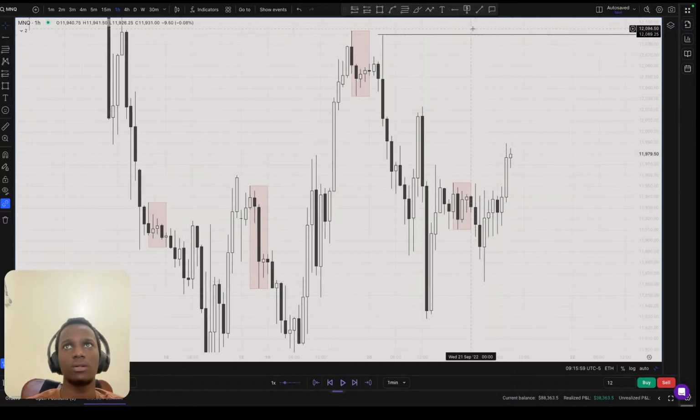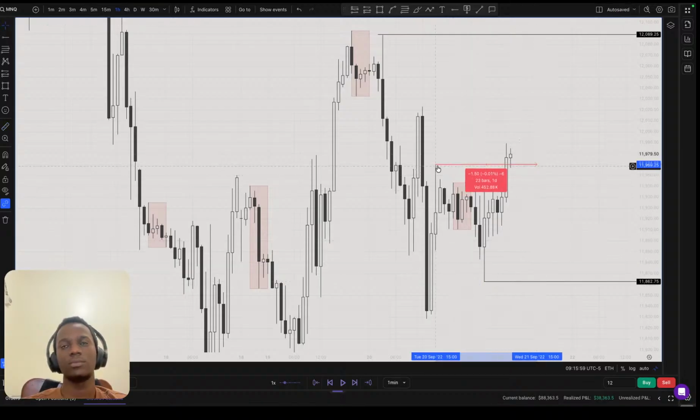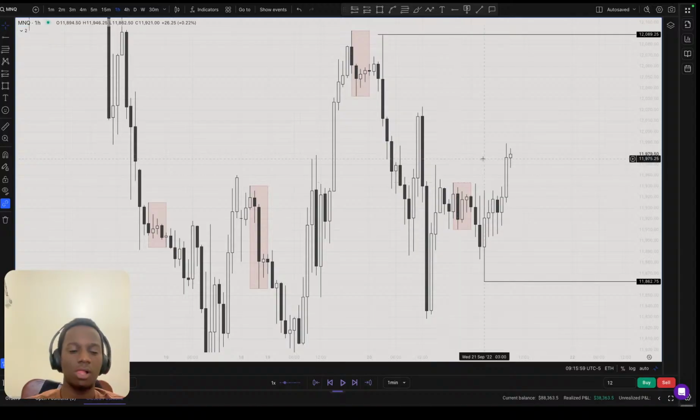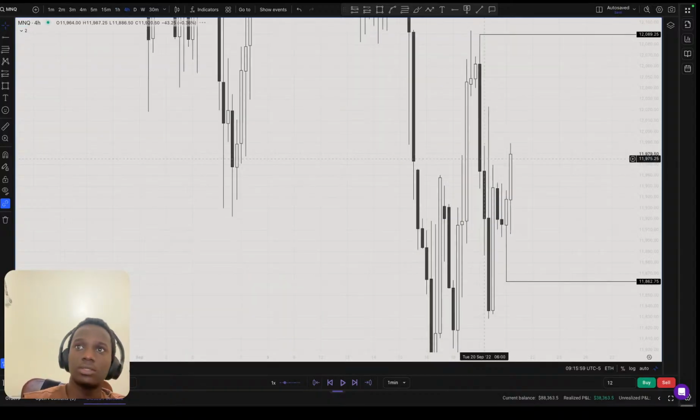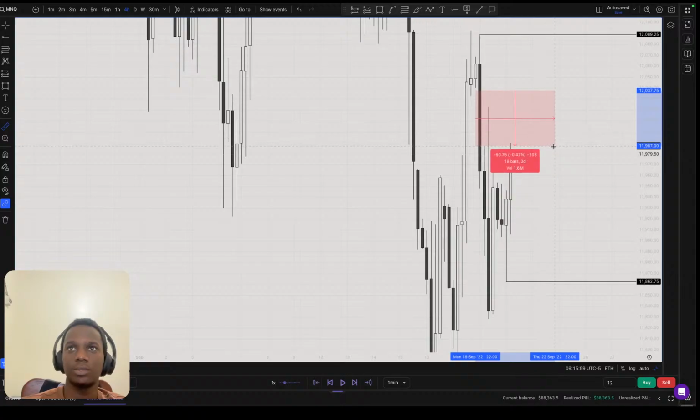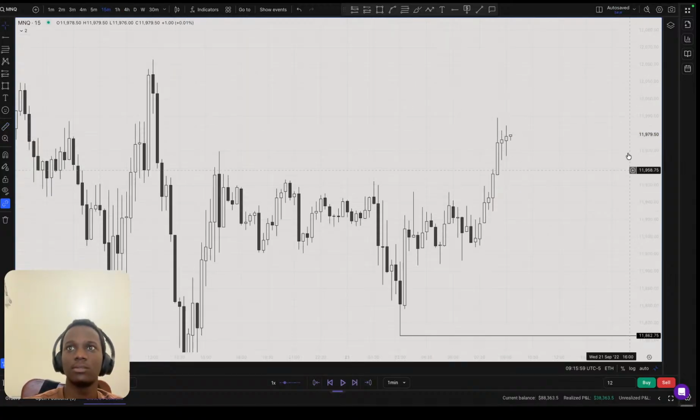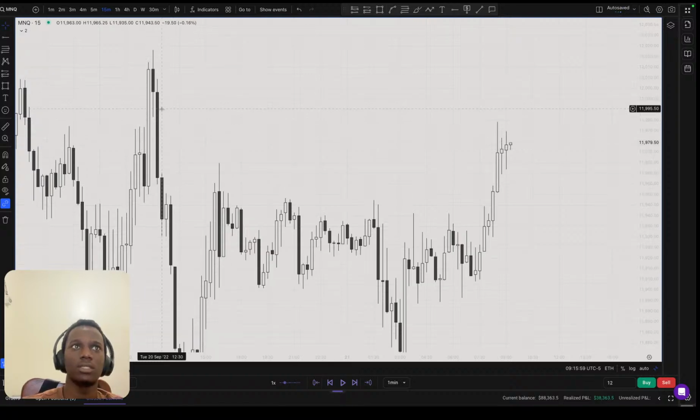I have the London lows here, and the New York PM session highs from yesterday, and the Asia highs here. We're not in any POI, just actually we're in this gap here, 4 hour, and in this gap here as well.